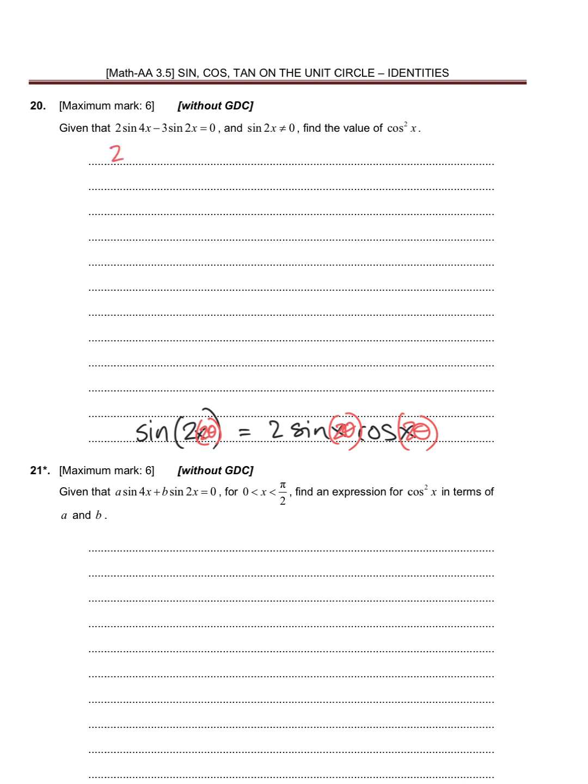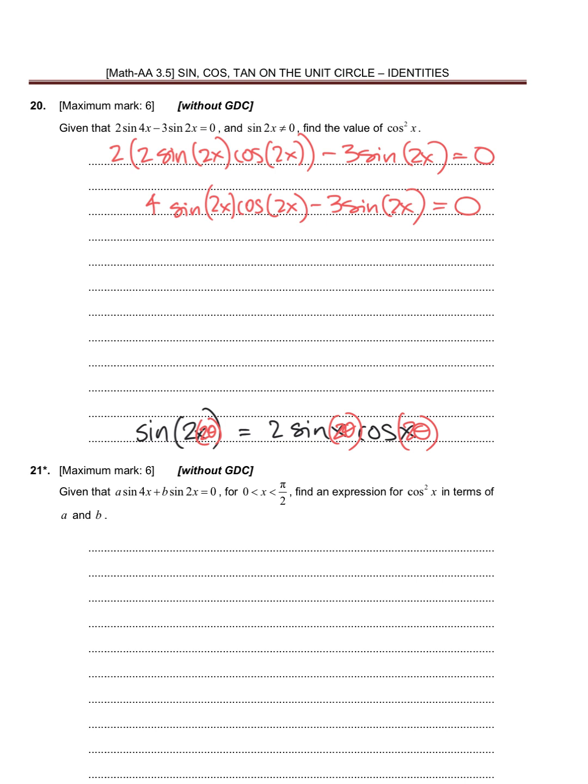So we have sine 4x is 2 sine 2x cosine 2x minus 3 sine 2x equals 0. Okay, so this is 4 sine 2x cosine 2x minus 3 sine 2x.